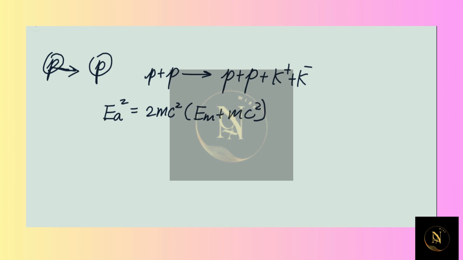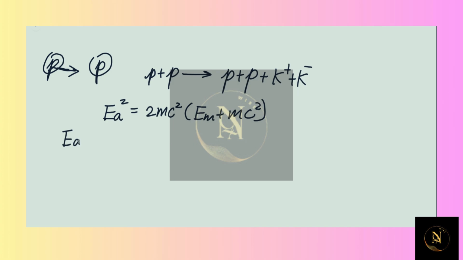We need to use this equation for two particles of equal mass when one is initially stationary. So the minimal available energy must be equal to the rest mass energy of the products, which in this case is just two protons and a K plus and a K minus. So the available energy must be at least the sum of the final rest energies.